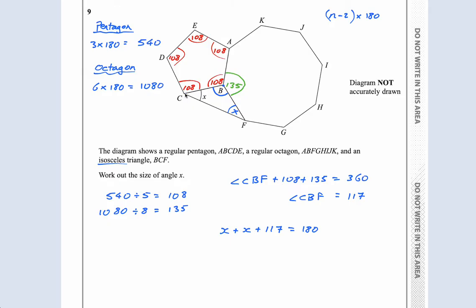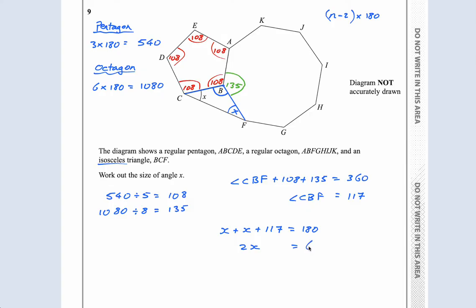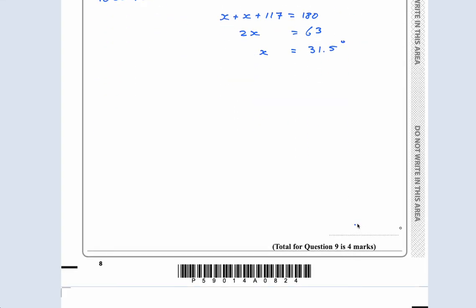Isosceles triangle means these two lengths are the same and these two angles are the same. Okay, so let's just solve this. X plus X is 2X. 180 minus 117 is 63, so 2X is 63. X is 63 divided by 2. I can do that in my head, guys. It's 31.5, and it's degrees. So this is 31.5 degrees.